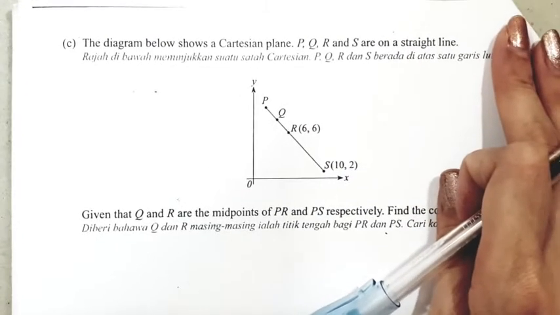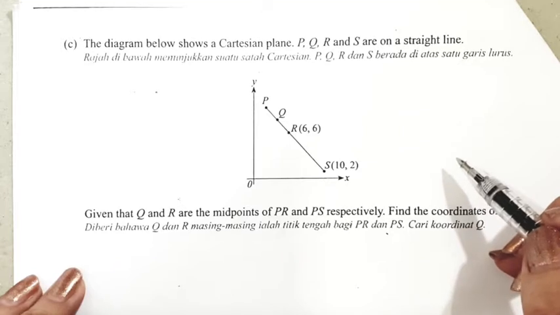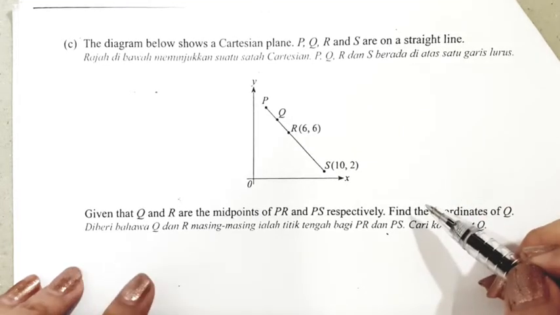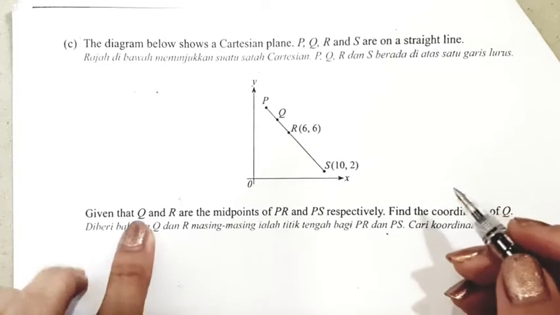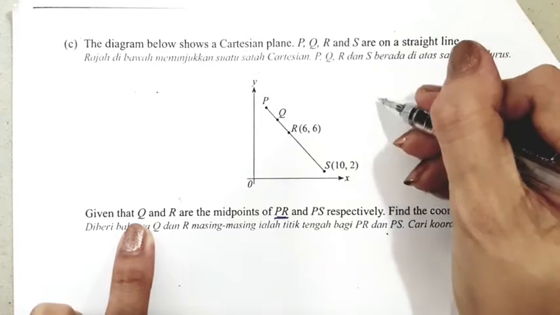This one, part C, the diagram shows a Cartesian plane whereby P, Q, R, S are on the straight line. Now, given that Q and R, they are the midpoint of PR. Okay, Q, midpoint of PR. That means let's write down the information again.